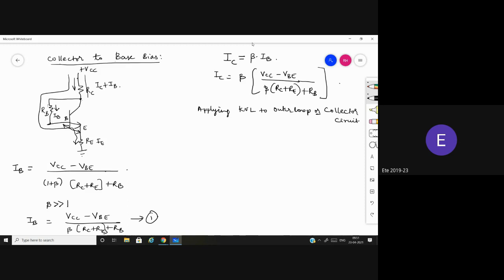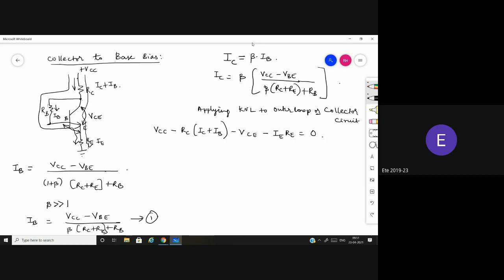So when we are applying the KVL to this, here we get one more parameter, that is VCE, collector to emitter voltage. So now applying KVL to this, we get VCC minus RC into IC plus IB minus VCE minus IE RE is equal to 0.